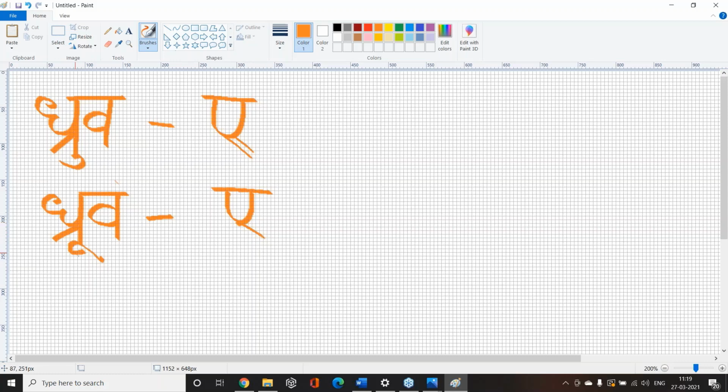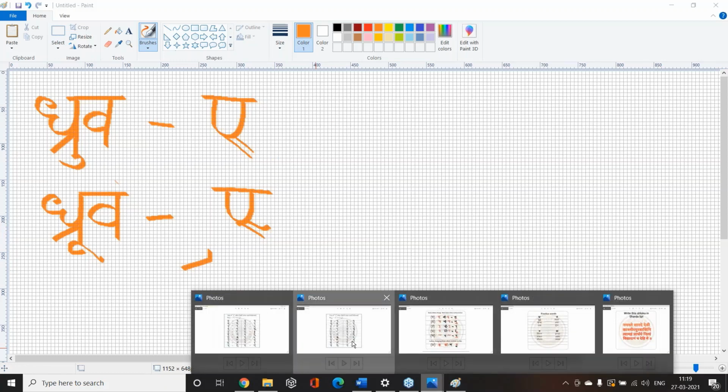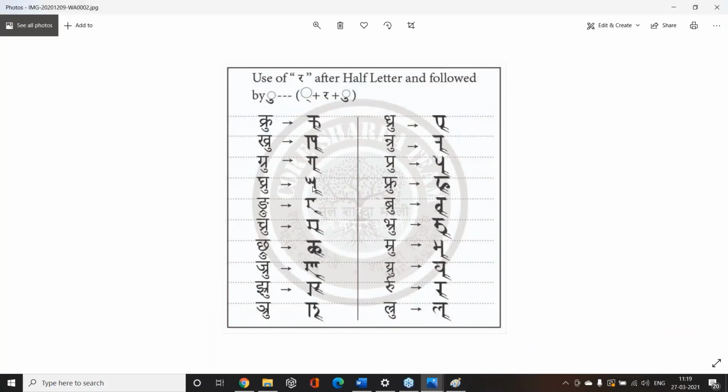Then this matra u, which we usually write like this, will take this shape. This is how it is written. So this rule is for all the letters. It doesn't have any specific letter that doesn't follow the rule. All the letters will follow this rule when matra ra and u are coming together. You can go through this table and see all the letters are following the same rule.